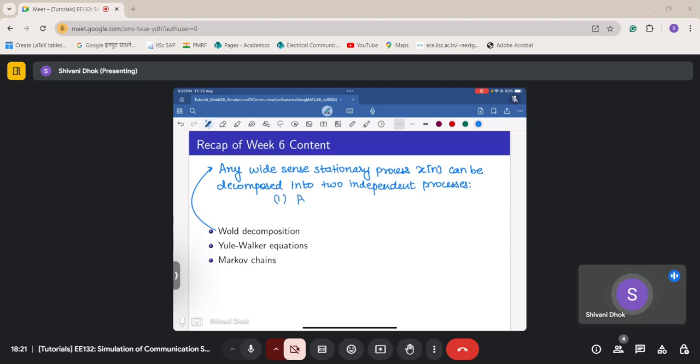First one is the predictable process, let's say it is given by S of n. And second one is your innovation component, and let's say this is your V of n.